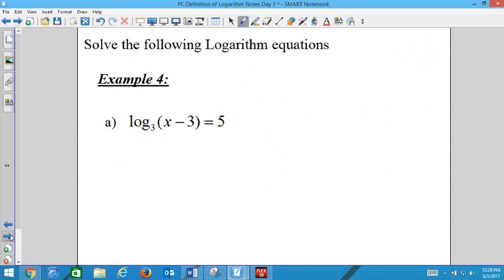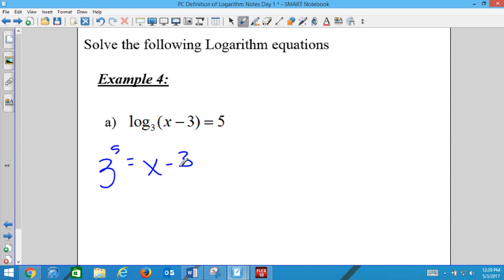All right, the last section, I changed the middle one. So if you are working ahead, I changed B in the bottom. Don't do B yet. All right, so we are solving for x. When it is in log form, it's not always easy to solve for x. A lot of times it's easier to change it to exponential form. So I'm going to change this to exponential form. 3 to the 5th is equal to x minus 3.